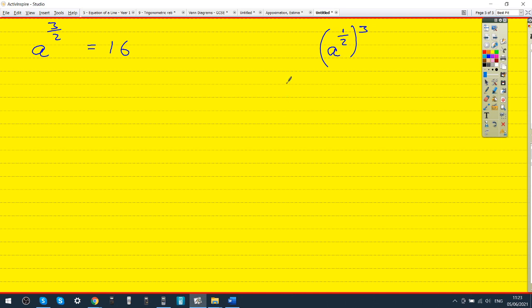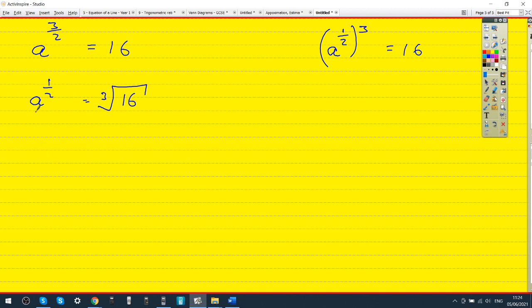And so how can you solve that? Cube root both sides. Yep. You get 2.51984 on the right.